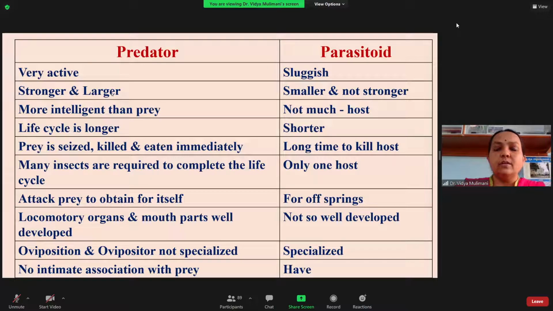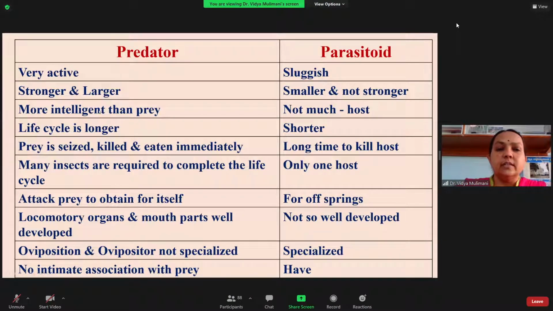So here the common differences you can see. The predator, as you know, should be very active, because she has to hunt for the prey and then she has to eat it. So the predators are very active. On the other side, the parasitoids are sluggish, and the predators are stronger and larger than the prey. So here the parasitoids are smaller and not stronger than the host.